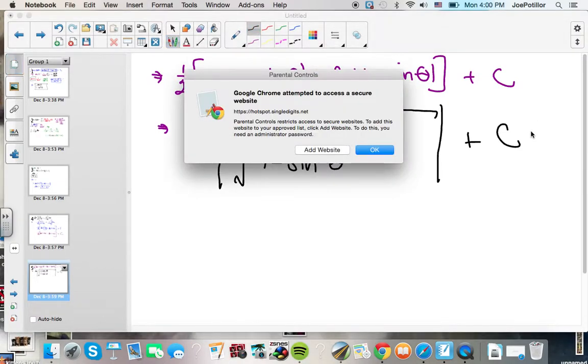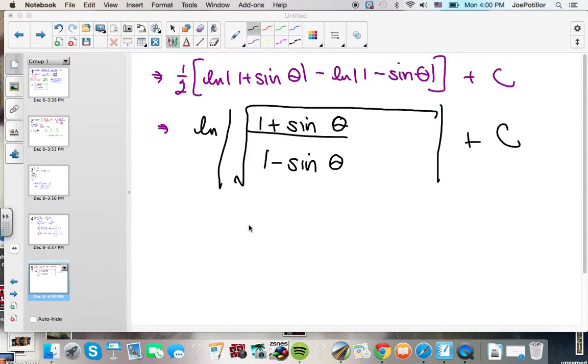Now, to simplify this ugliness, to get rid of the square root, I want to multiply both numerator and denominator by 1 plus sine theta inside the square root, so we'll do that.